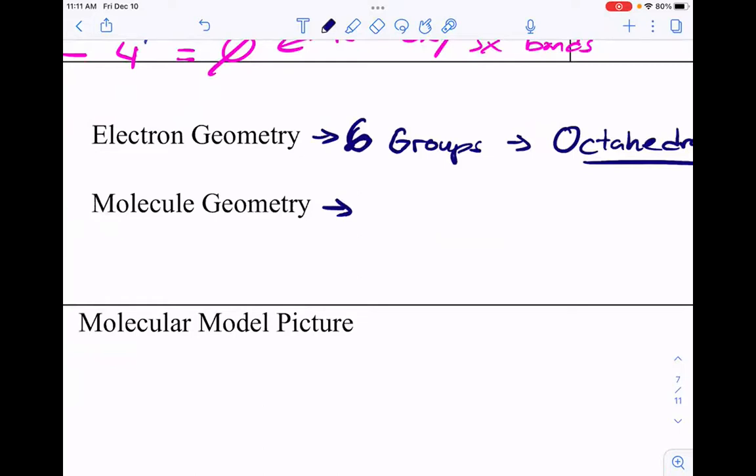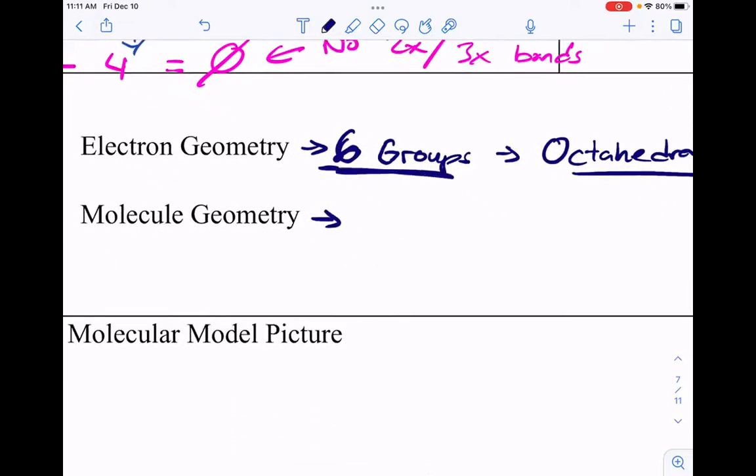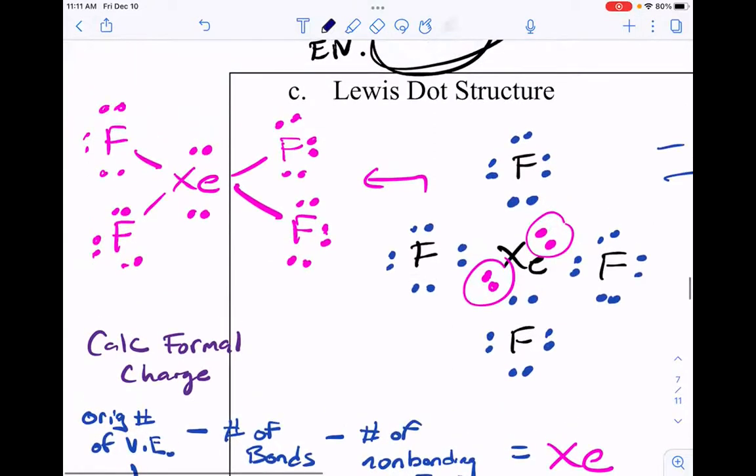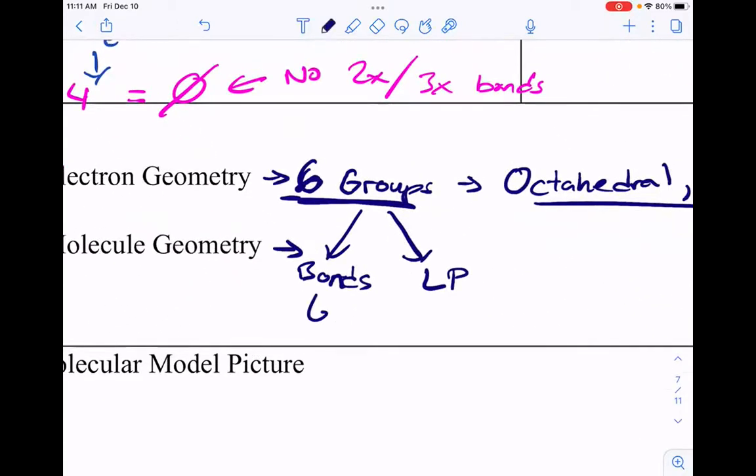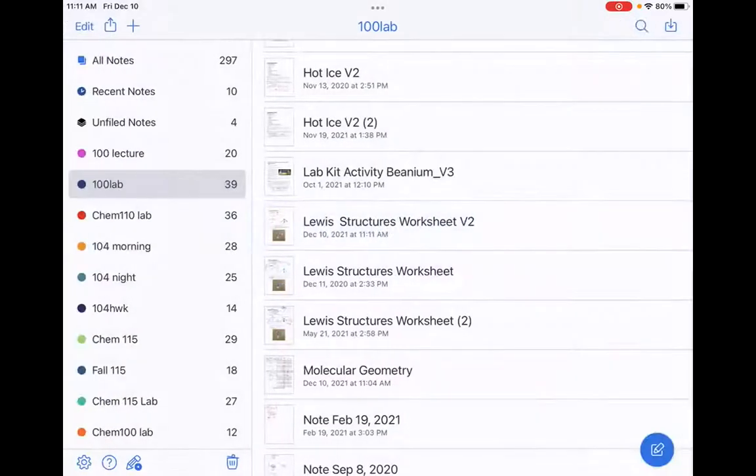So for molecular geometry, of these 6 groups, how many are bonds and how many are lone pairs? 4 bonds and 2 lone pairs. Okay, very good. Just to show this for the recording, there are 2 lone pairs here, and then 4 bonds. According to your chart, what's that combination?